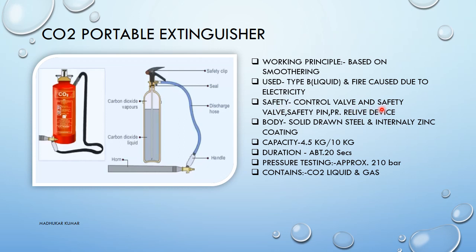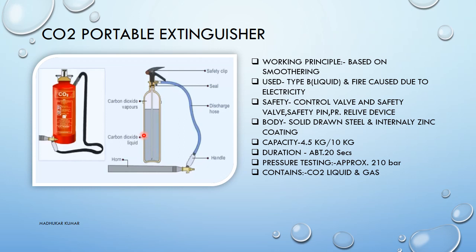Safety control valves are there, the safety valves are there, safety pin and pressure relieving device. Body is solid drawn steel and internally zinc coated, same as to prevent corrosion and all. Capacity 4.5 kg, 10 kg, duration about 20 seconds. Pressure testing is done at 210 bar. So this is highly pressurized.